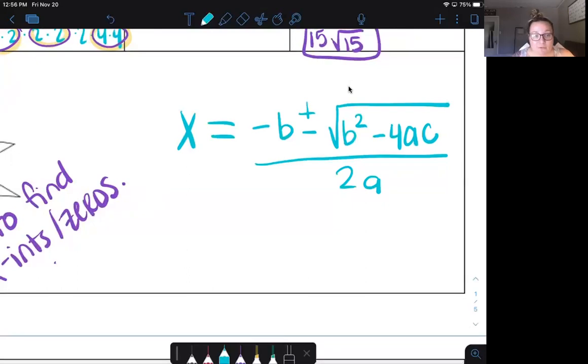So the quadratic formula is x equals negative b plus or minus the square root of b squared minus 4ac all over 2a. We use this to find the x values of our x-intercepts, or our zeros, for a function.